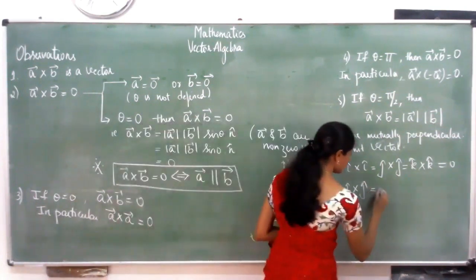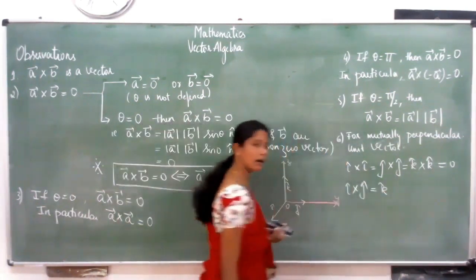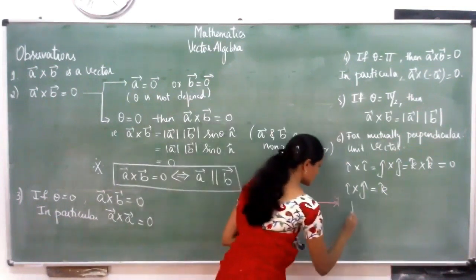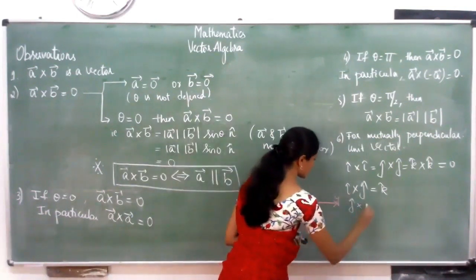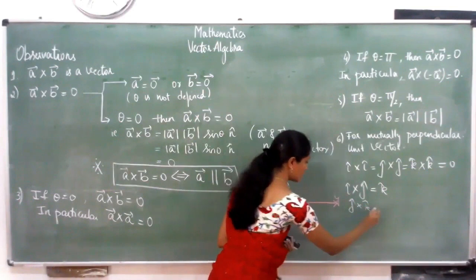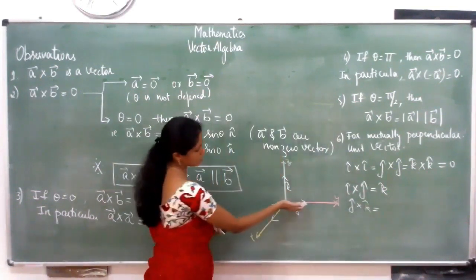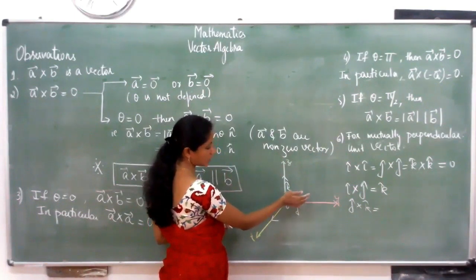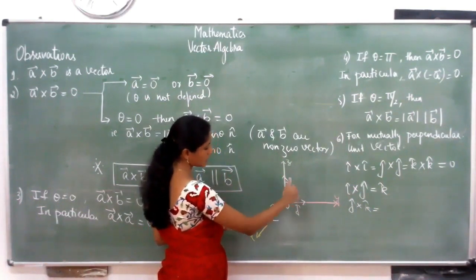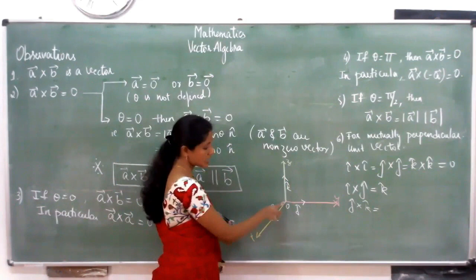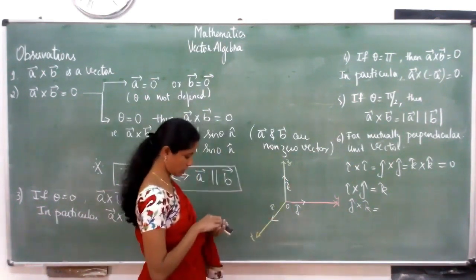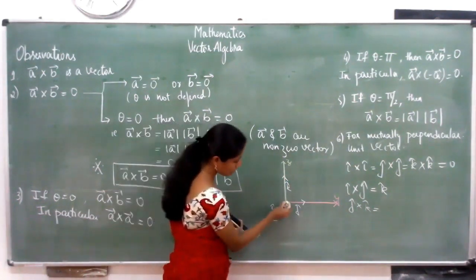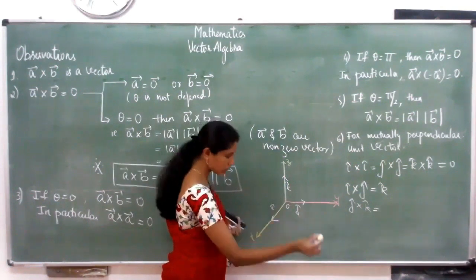So this will be equal to K cap. Next, if I take J cross K cap, you can easily see this. When I apply the right hand thumb rule, this will be in the direction of this one. See, this is perpendicular to this one.